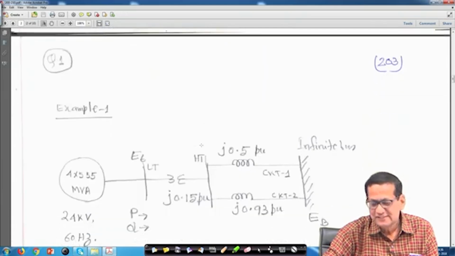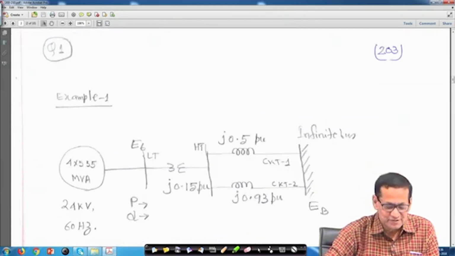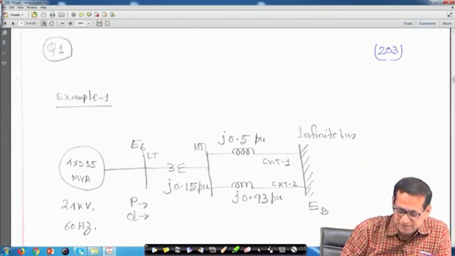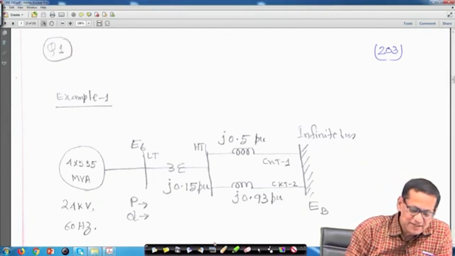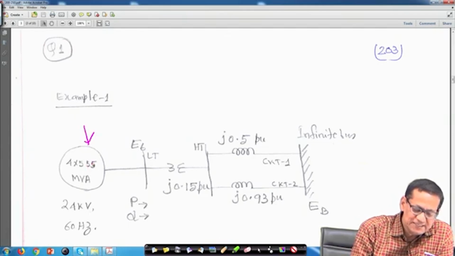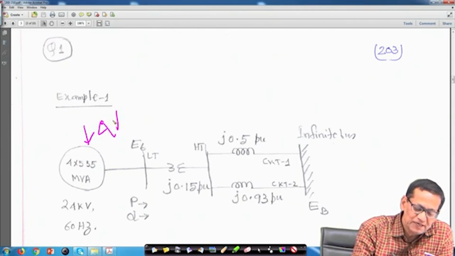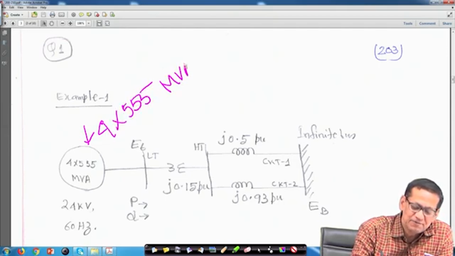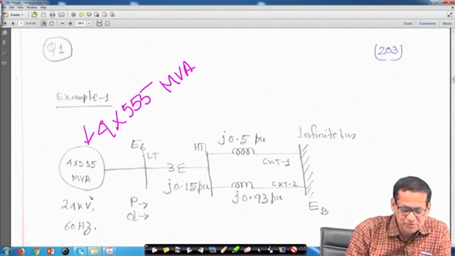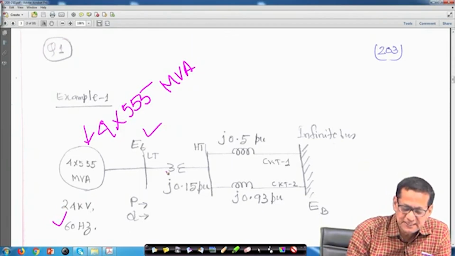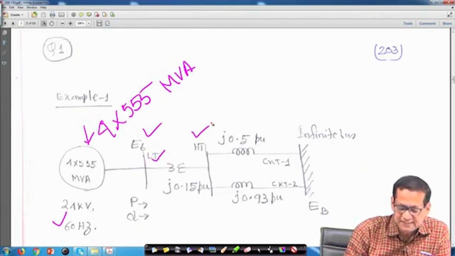Next, let us take one example. This example is a single machine infinite bus system. There are 4 generating units, each having 555 MVA, so 4 into 555 MVA, 24 kV, and frequency is 60 hertz. This is the terminal voltage E t, this is the low tension side, LT, and HT is the high tension side.